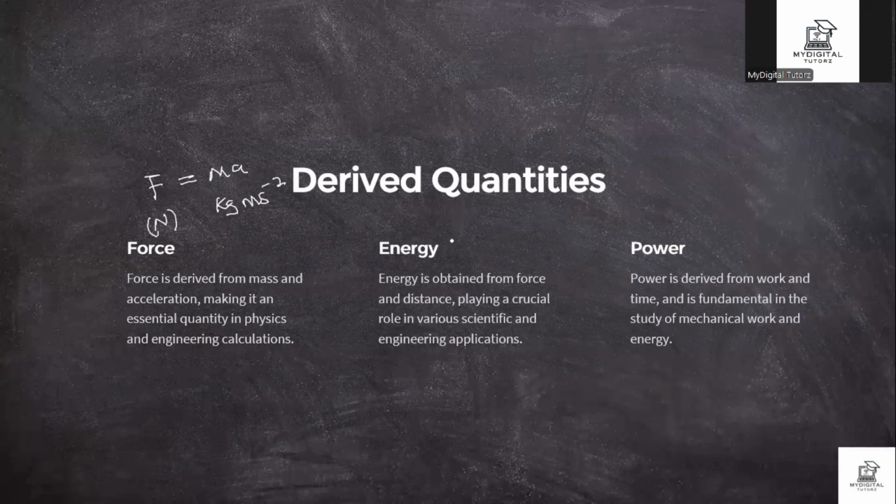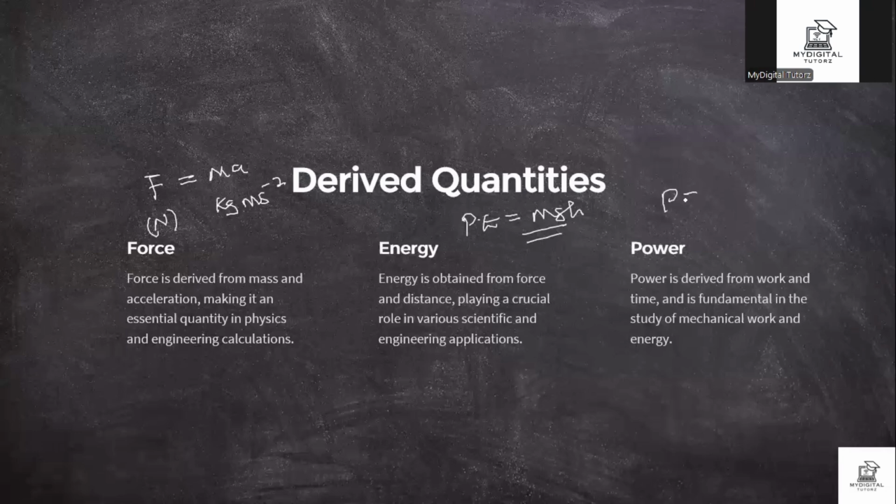Also, energy. Energy is obtained from force and distance. For instance, we have potential energy, which is equal to mgh. So potential energy is also a form of derived physical quantity. Being it kinetic energy or what have you, they are derived physical quantities.